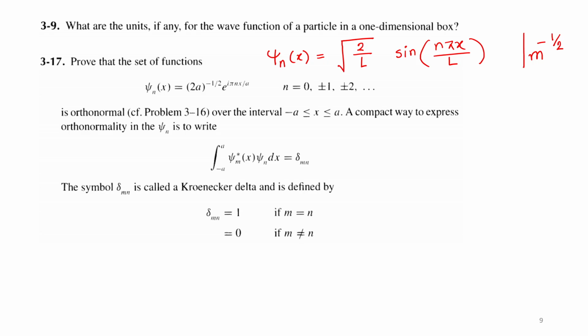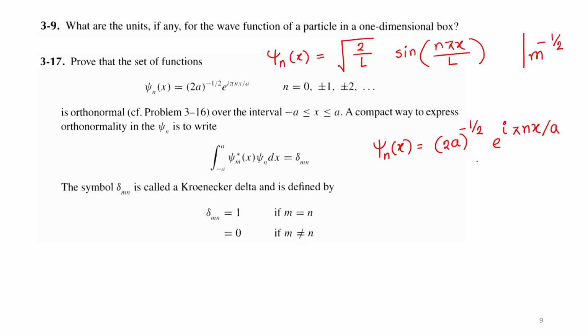The question says: prove that the set of functions psi n of x is given as follows. You may not be able to see it properly, so I will write it here. Psi n of x is (1 by 2a) to the power half, e to the power i pi n x by a.